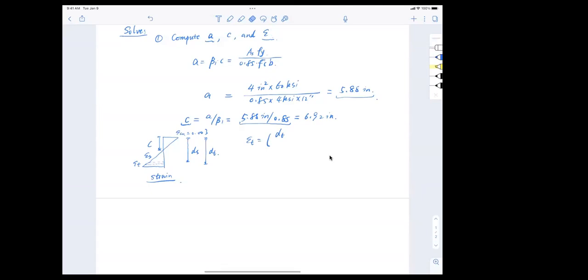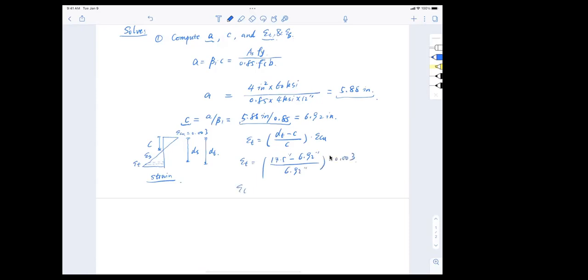Let's do this for both. So epsilon t equal to dt minus c divided by c multiplied by epsilon cu, and that is 17.5 inch minus c, which is 6.92 inch, divided by c, 6.92 inch, and multiply 0.003.